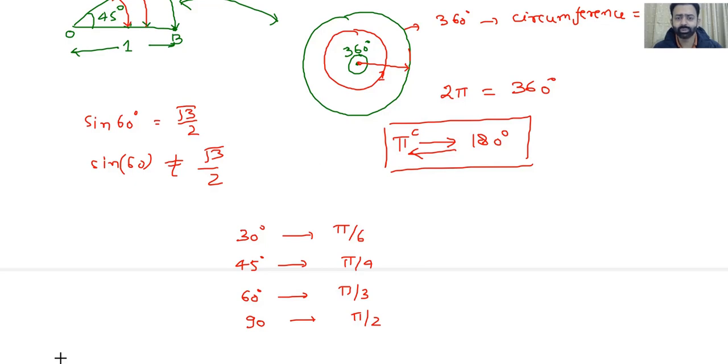I'm not going into giving you questions of converting this. You may convert this just like you have converted these degrees into radians. Okay, fine. The next thing I need to talk about is the unit circle. Unit circle, as the name suggests, is a circle of unit radius, but I'm not taking a circle of unit radius.